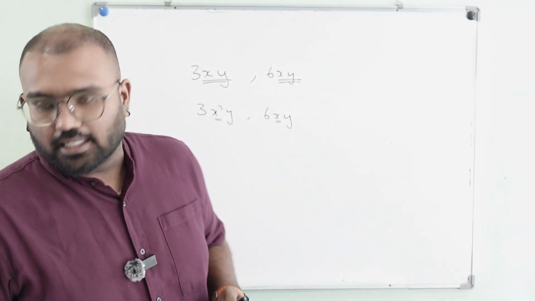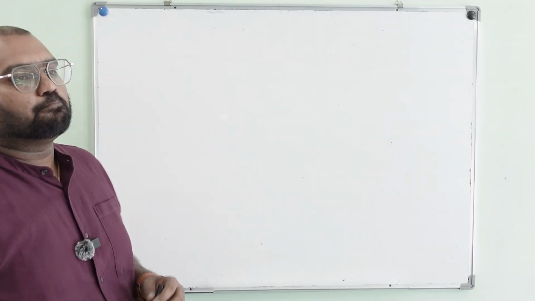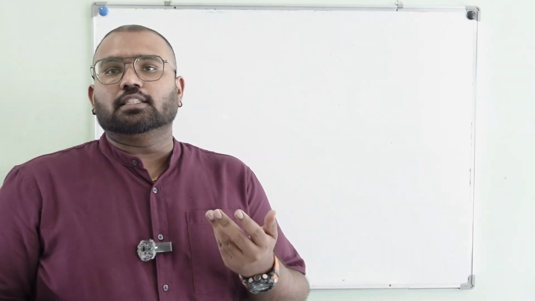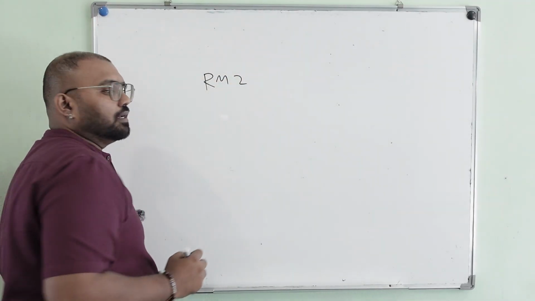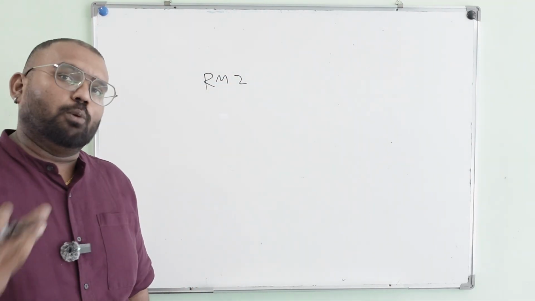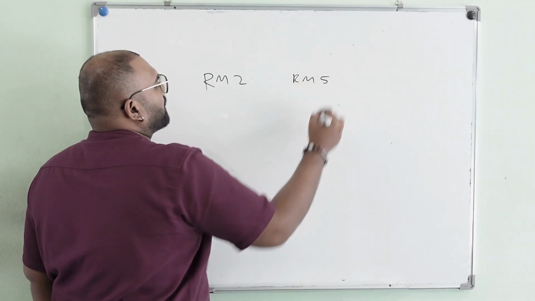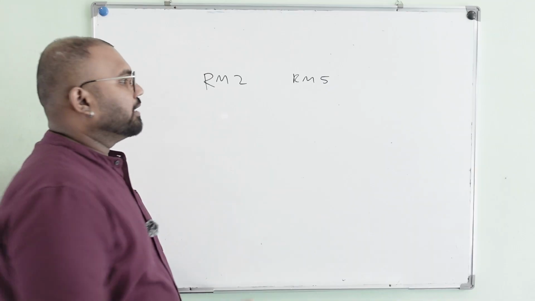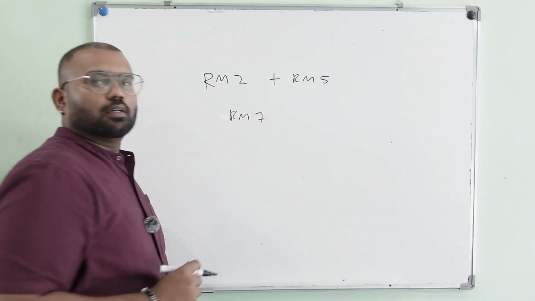Example, let's see. Say your father is giving you money, maybe school money. So say today your father gives you RM2. Then tomorrow your father gives you RM5. So in total how many ringgit do you have? You plus, so you get RM7. Right?